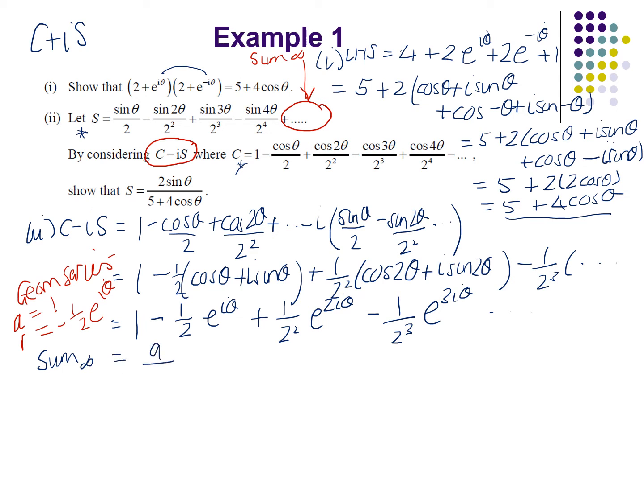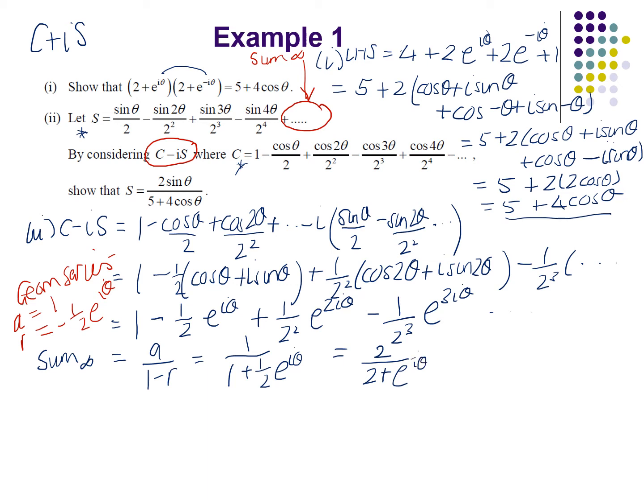Sum to infinity, A over 1 minus r. So let's pop in my bits here. A is 1, r is minus 1/2 e to the i theta, so that's going to become plus 1/2 e to the i theta. I don't particularly like having fractions within fractions, so I'll multiply top and bottom by 2, and I get 2 over 2 plus e to the i theta.